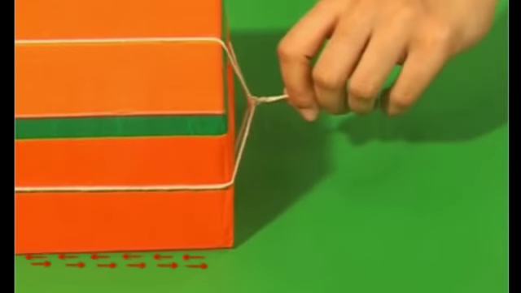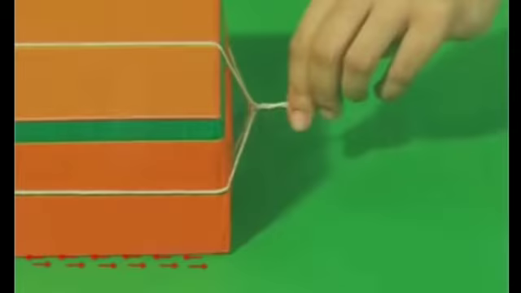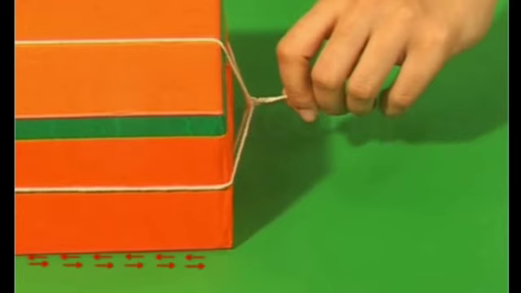However, it has a limit, called the maximum limit of static friction. It is equal to the applied force when the object is about to move. When one object slides over the other, the frictional force acting between the two objects is called sliding friction.